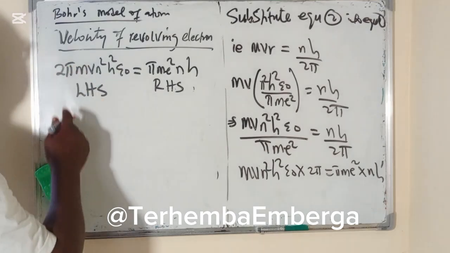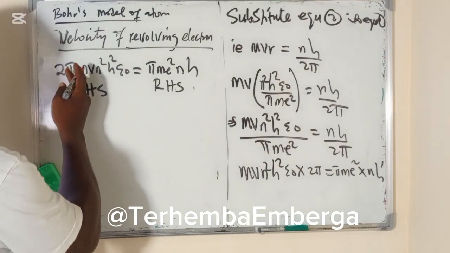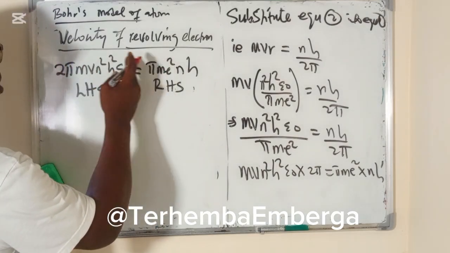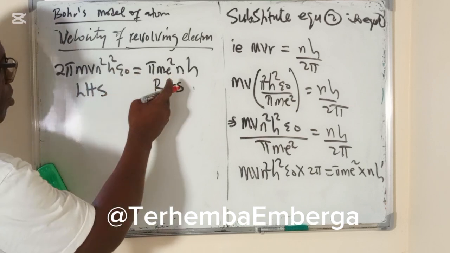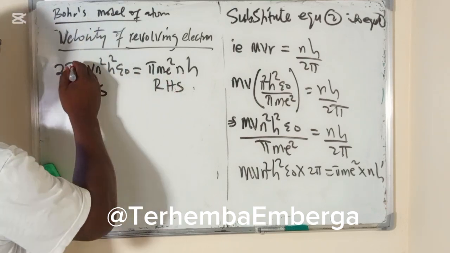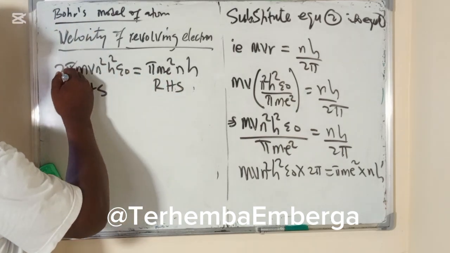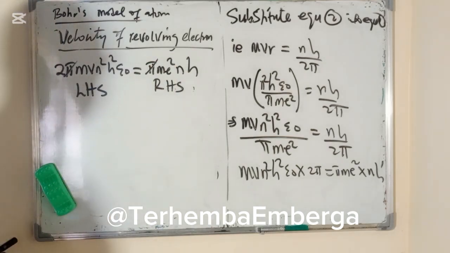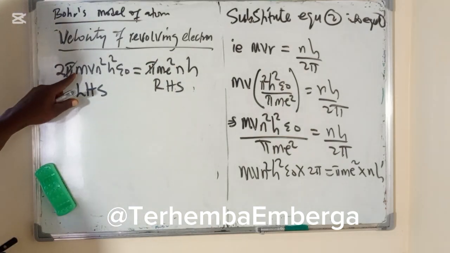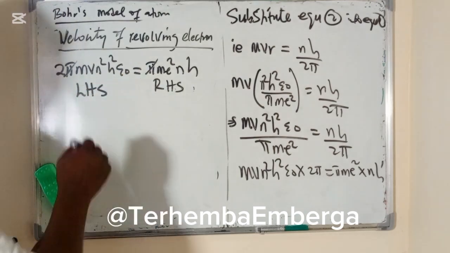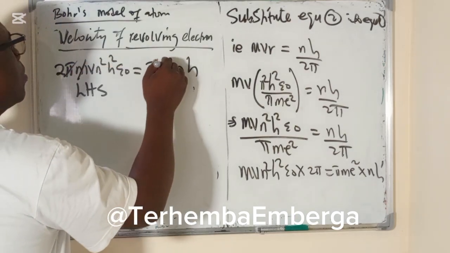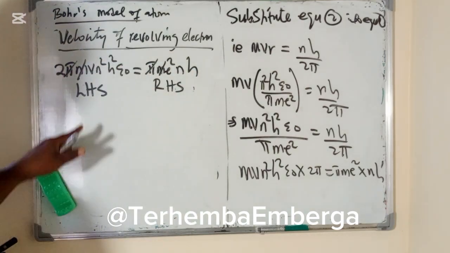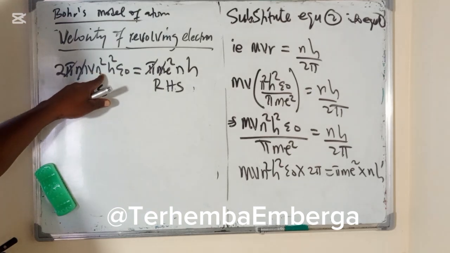Whatever you decide to do on the left hand side, you must do on the right hand side. So this pi will take care of this pi. We have no business with pi again. m will take care of m. We are left with v, n.